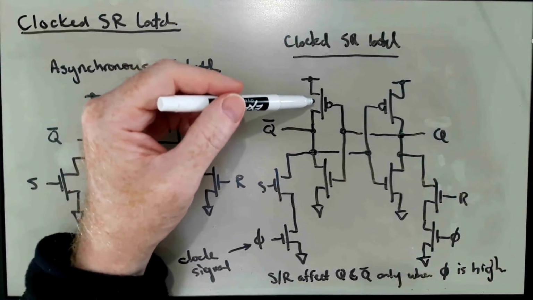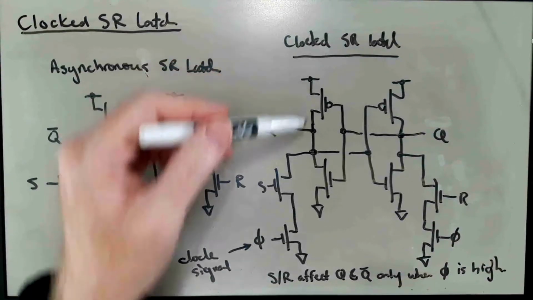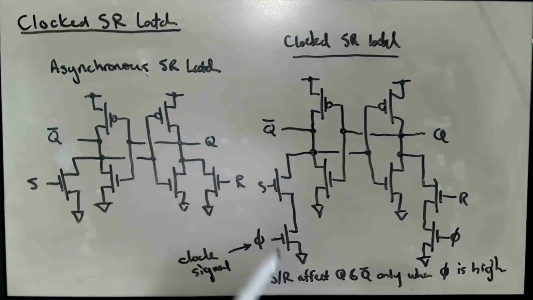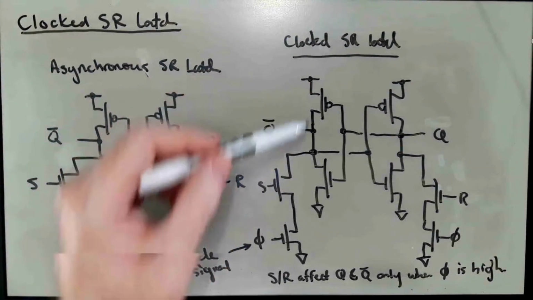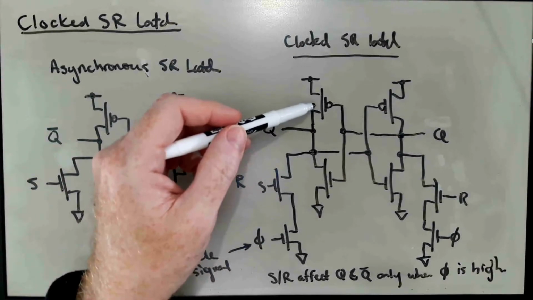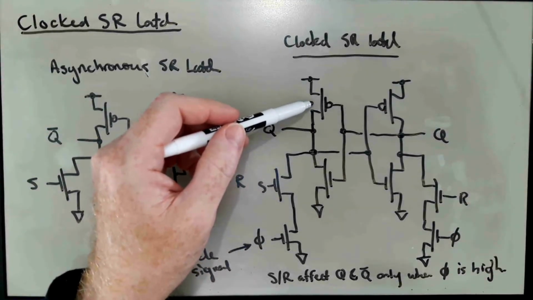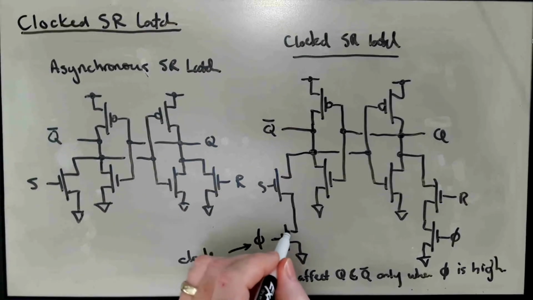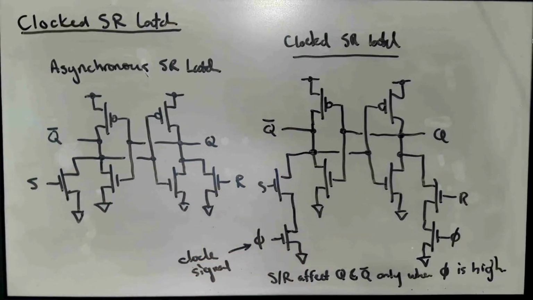So the pull-up transistors that these access devices are fighting against potentially have to be made weaker, or these transistors have to be made stronger to overcome the feedback devices. So that's one potential issue here.